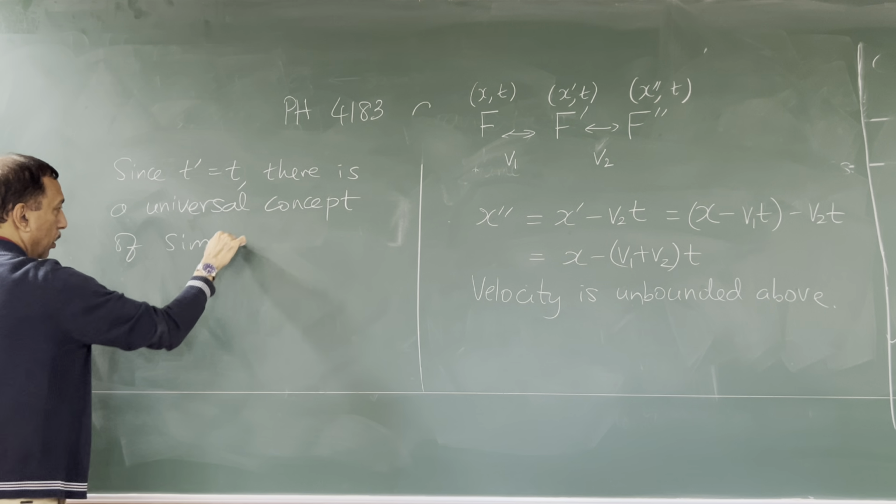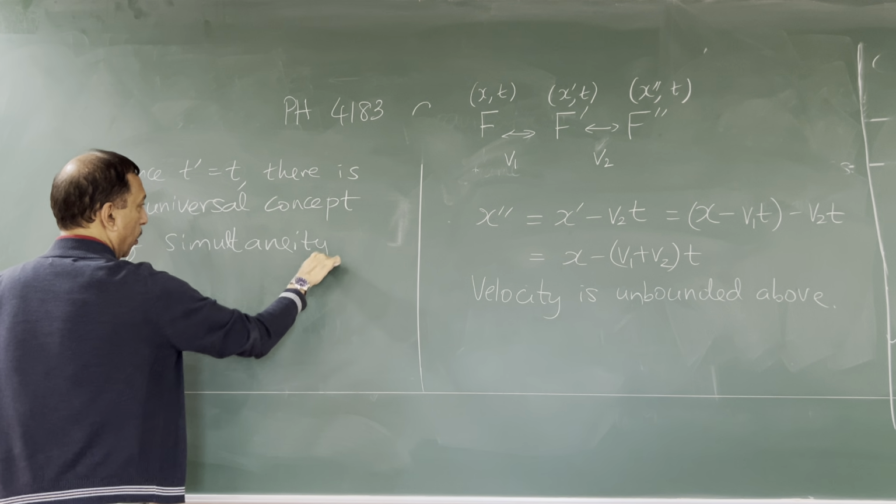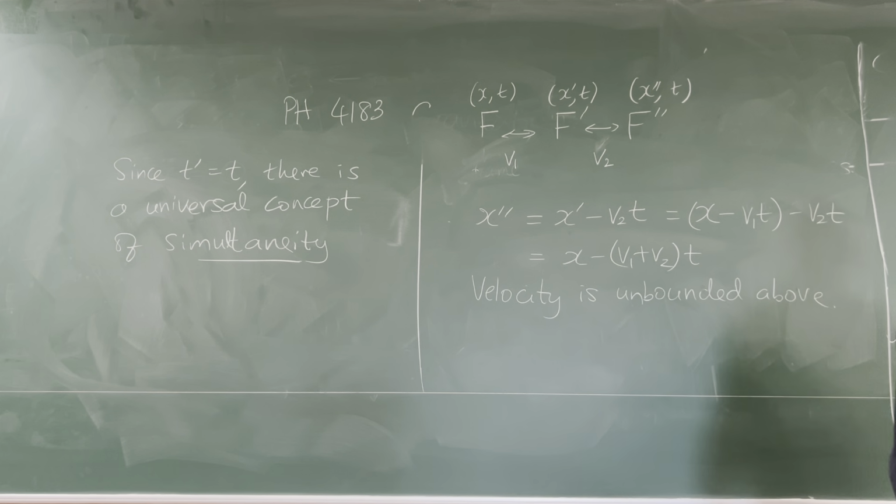It's called simultaneity. That means if two things happen at the same time in one frame, they will happen at the same time in another frame. It was obvious. People didn't dispute that possibility. There was nothing to dispute in that. Is it clear what I mean by this?